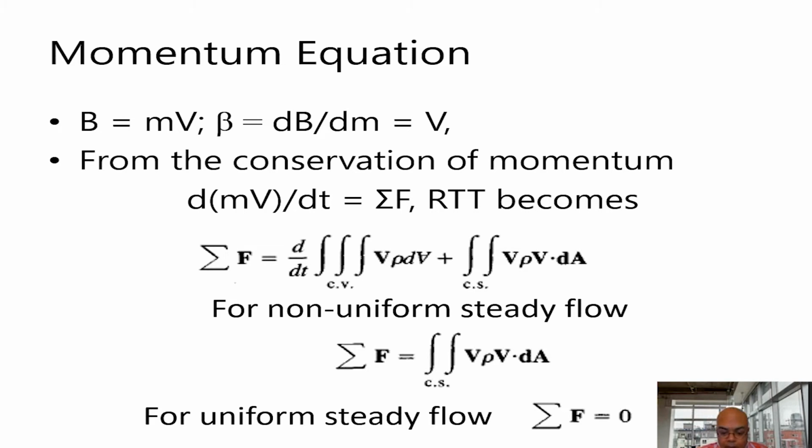In hydraulic engineering, in flowing open channels, flowing pipes, flowing streams, the external forces are, one is gravity, which drives the flow, and another force which opposes it, that is shear, that is, we can say viscous force. So the sigma F includes gravitational force and viscous force. Gravitational force is driving and viscous force is opposing.